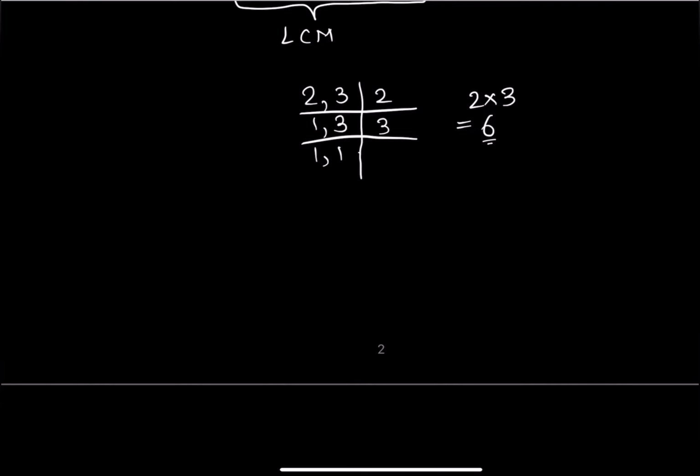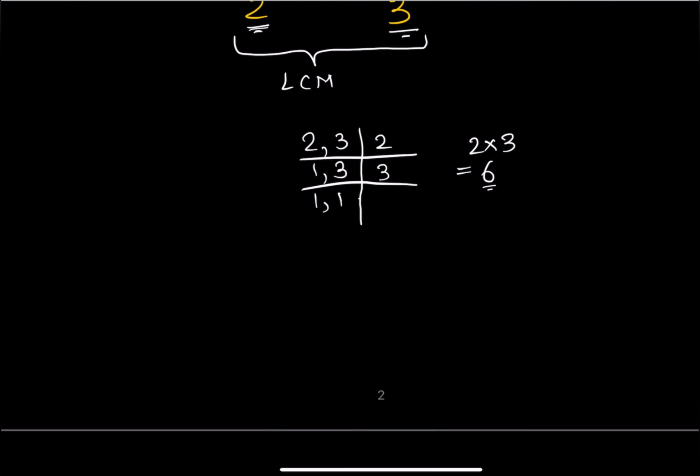So over here, we have our first one, 1 by 2. So we're going to change our denominator into 6, and we're going to divide 6 by 2.